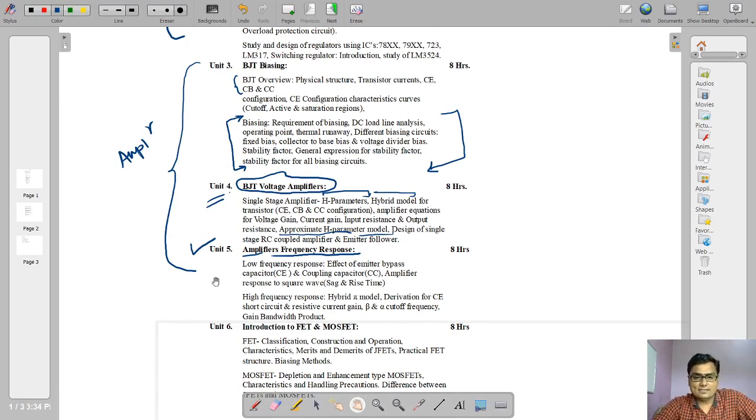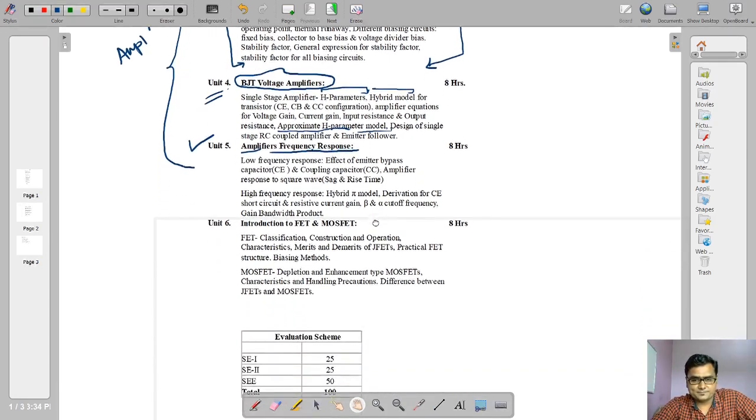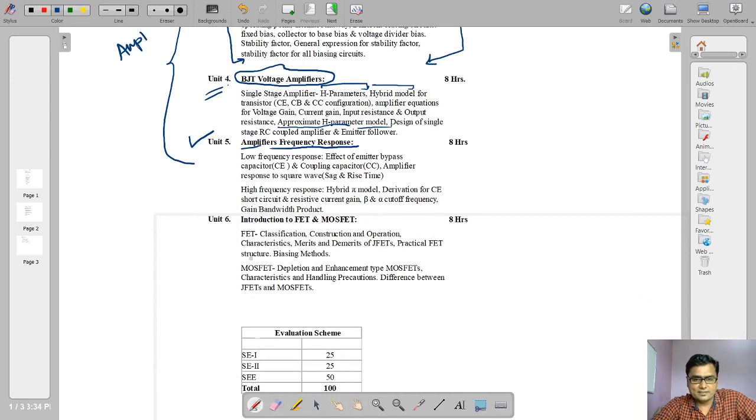And then the next, the sixth chapter. Look at the name of the chapter. It is Introduction to FET and MOSFET. The first chapters 3, 4, 5 are related to BJT. Now we leave the BJT and enter the world of FET and MOSFET.